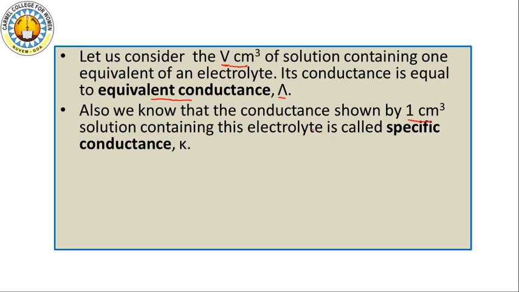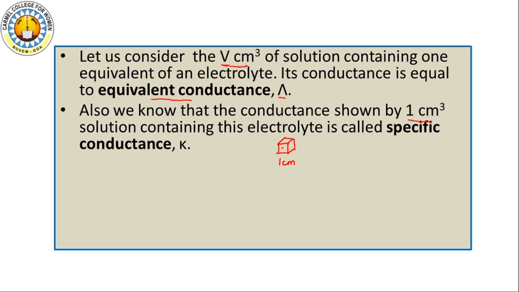In specific conductance, we are talking about the solution which is placed in a cube which has all sides equal to 1 centimeter. You remember last time we had discussed about a cube.